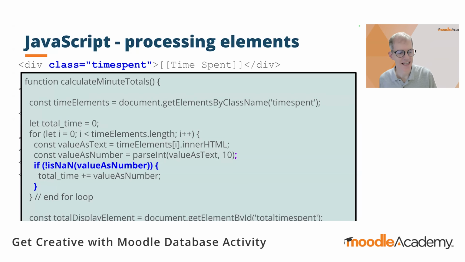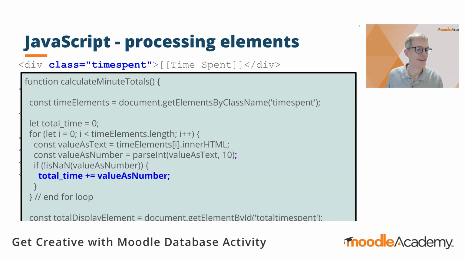Therefore, it is a number and we will add it. We will add the value as number to the total time. Total time. The plus equals is a kind of shorthand for total time equals total time plus value as number. It's a shorthand.